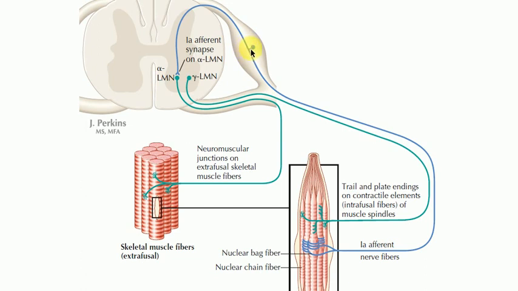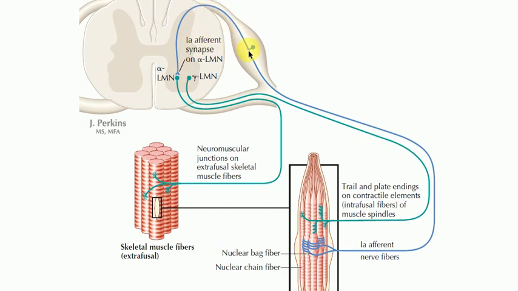The cell body of the neuron is present in the dorsal root ganglion, and one peripheral process of the axon of this dorsal root ganglion neuron is in connection with the intrafusal muscle fibers of the muscle spindle, and this is taking the information back through the dorsal roots into the dorsal root ganglion, and the central process of these unipolar neurons is taking the information back to the dorsal horn.